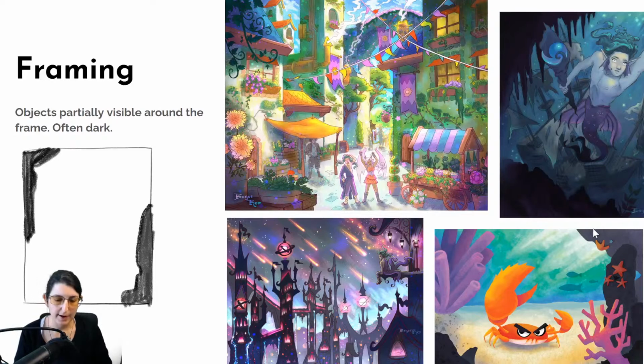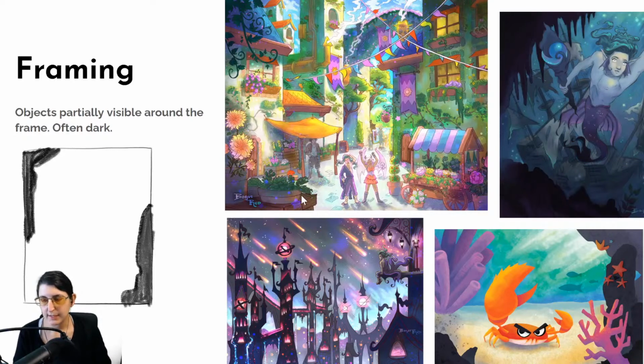And with the crab, there's a rock formation with some coral coming from the right side of the piece, as well as another set of rocks coming from the lower left, which creates a frame. This one in the upper left has some vines coming in from the left, and there's some sort of structure holding up some plants that's framing the piece here.